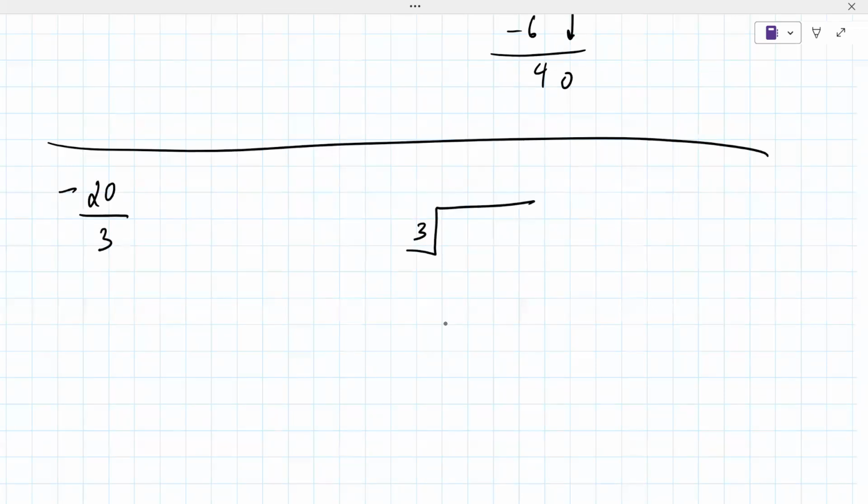So it's 3 into 20, right? Oh, I did the opposite. 20 to 3. So yeah, be really careful here. It's negative too, that's another thing. It's a number bigger than, well, if you forget about the subtraction sign, it's got a number in front of the decimal point. I mean, it goes in 6 times.